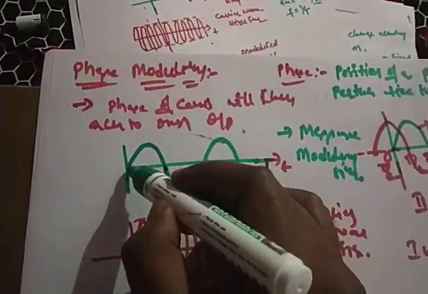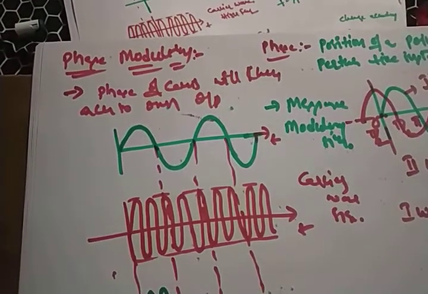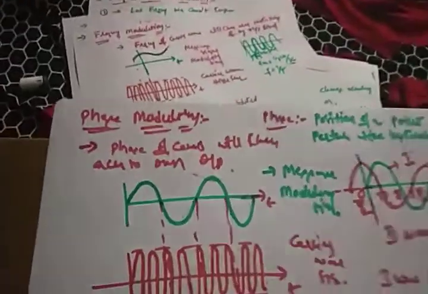From this portion, the phase change occurs. Up to this portion there is no change. I'll get the same amplitude, same frequency, same wave. After that your phase is going to change.